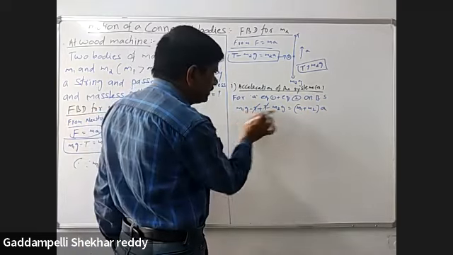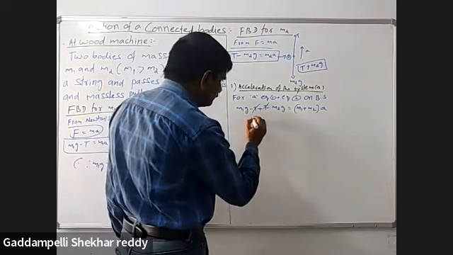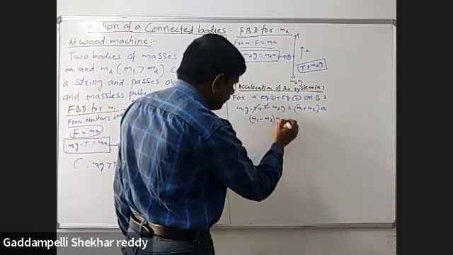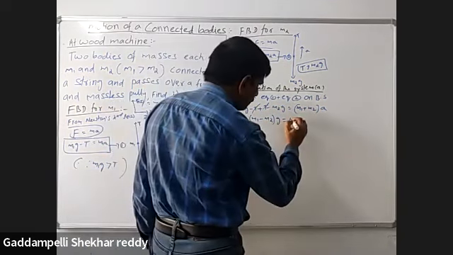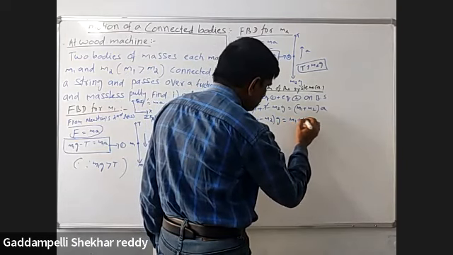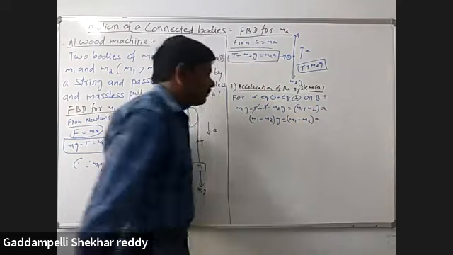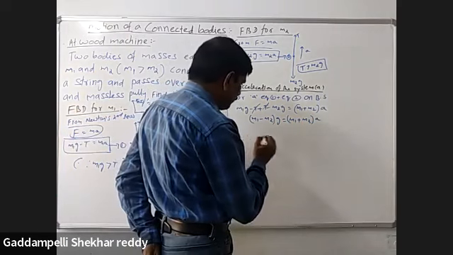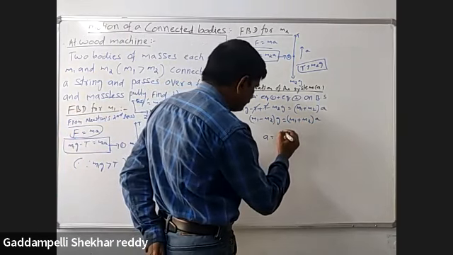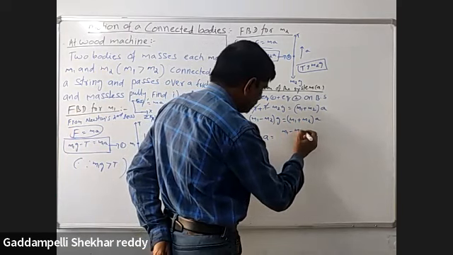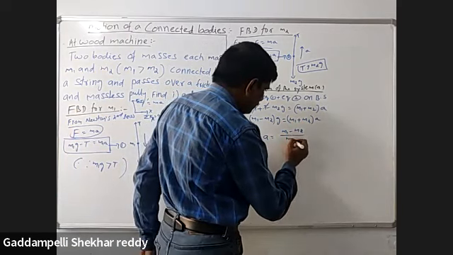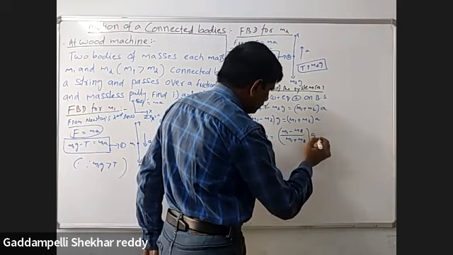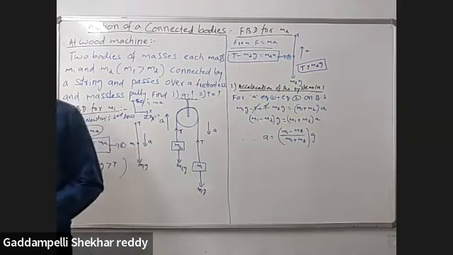G is also common: (m1 minus m2) into g is equal to (m1 plus m2) into a. Therefore acceleration a is equal to (m1 minus m2) by (m1 plus m2) into g. So this is the acceleration of the system.